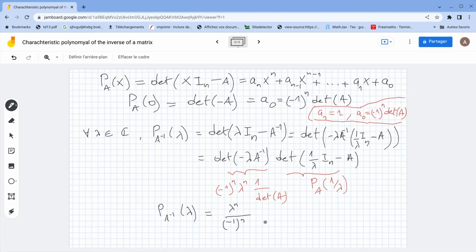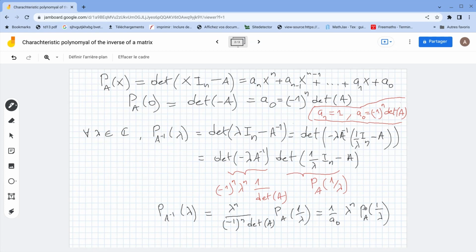It does not change the determinant of A. I do this to get the coefficient a_0, which is minus 1 to the power n times the determinant of A. So times the characteristic polynomial of A evaluated at 1 by lambda. So this is equal to 1 by a_0, and then lambda to the n times the characteristic polynomial of A evaluated at 1 by lambda.